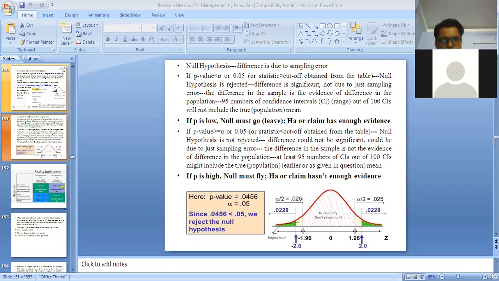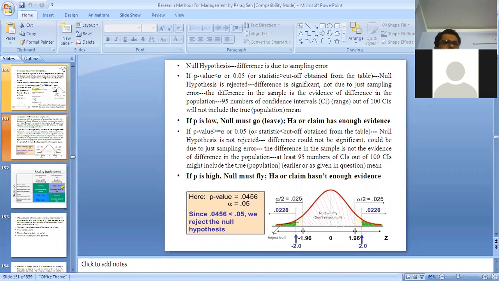Now you can ask me two questions: what is the p value, and why do we take the cutoff of 0.05 to consider the p value.